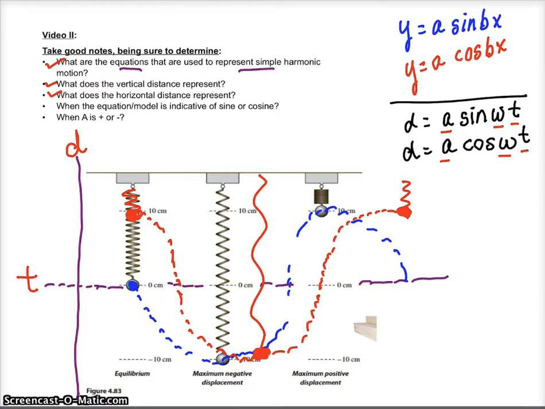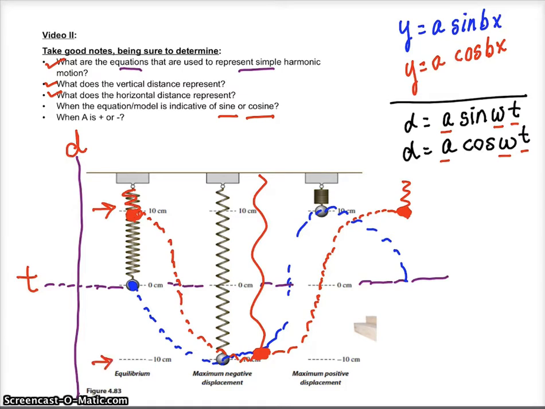So next let's talk about, how do we know when an equation models the sine or the cosine wave? Or how do we know if the actual motion shows a sine or a cosine wave? If the function begins at its maximum or minimum displacement, then it's a cosine wave.